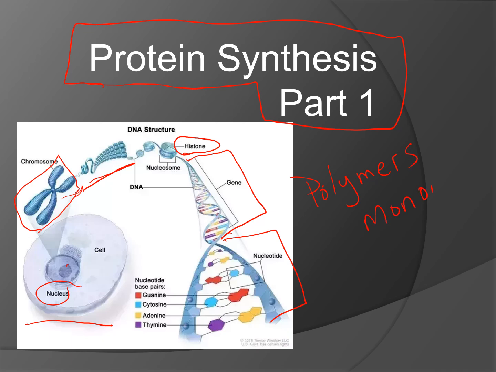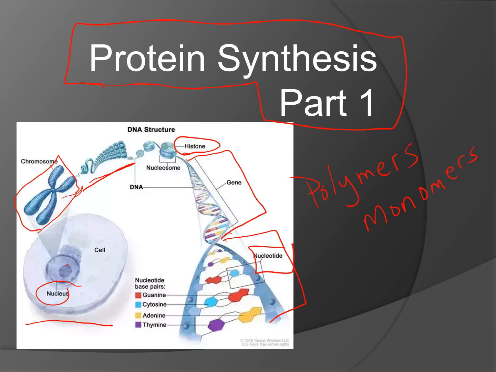And monomers are kind of the repeating unit. Remember, we talked about starch is a polymer and the monomer is glucose. So when you make starch, you have thousands of glucoses attached to each other. Proteins are polymers made up of amino acids. DNA is a polymer, and it's made up of nucleotides.